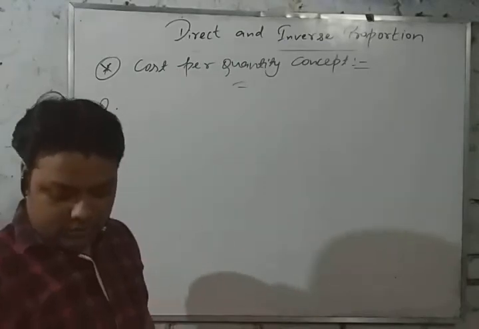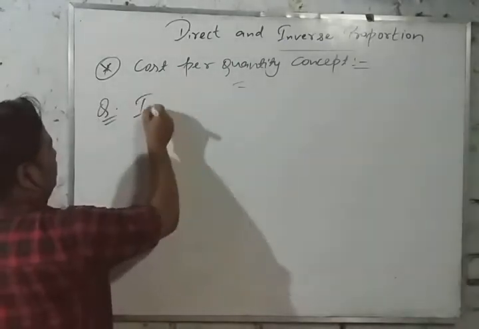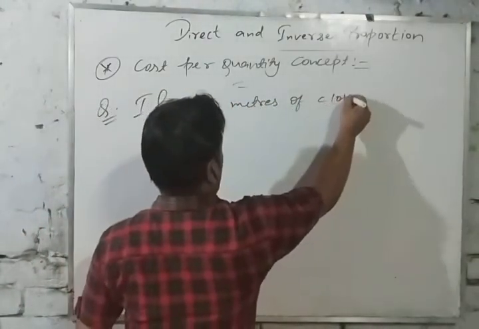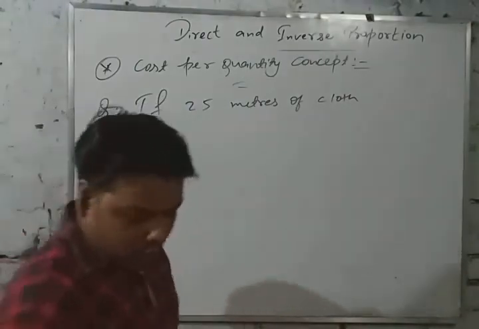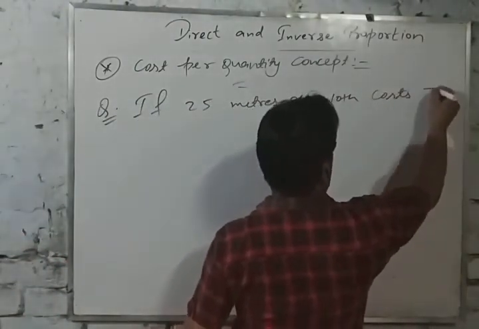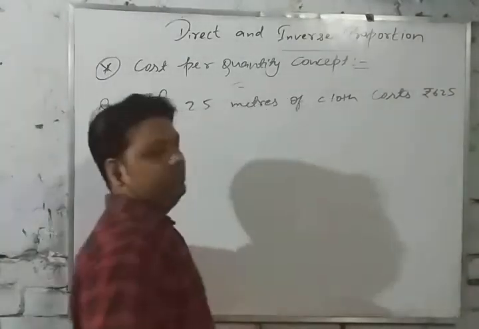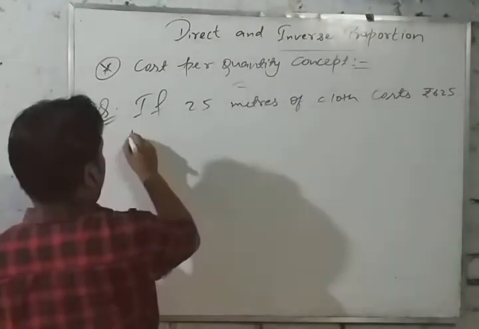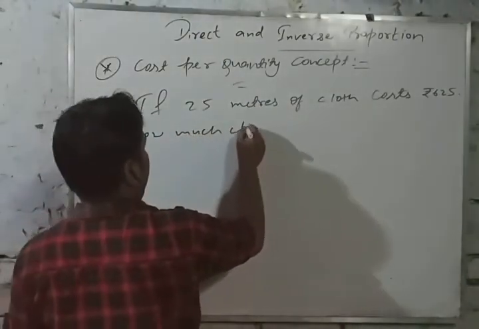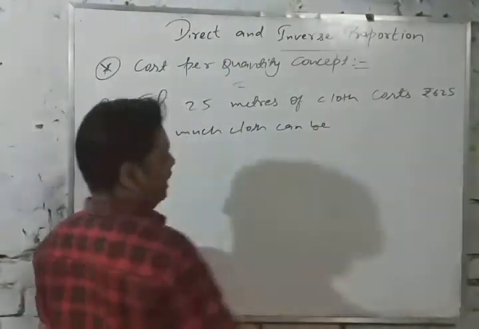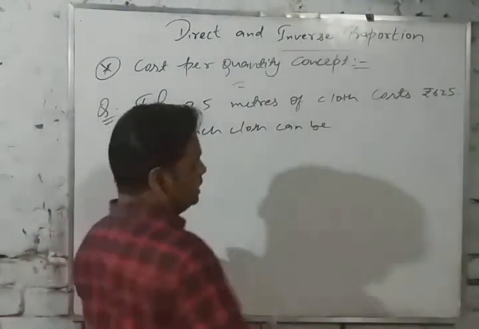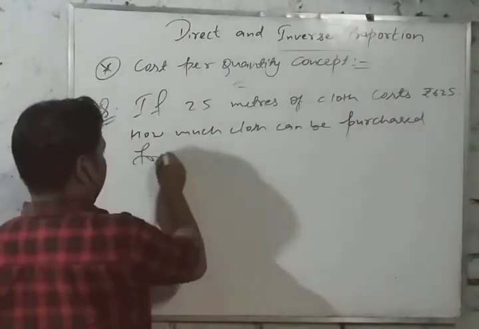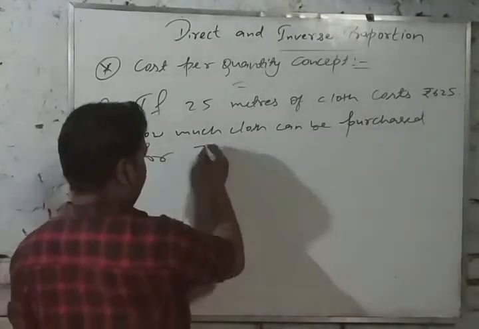Now, the question is given: if 25 meters of cloth costs rupees 625, then how much cloth can be purchased for rupees 5,000?